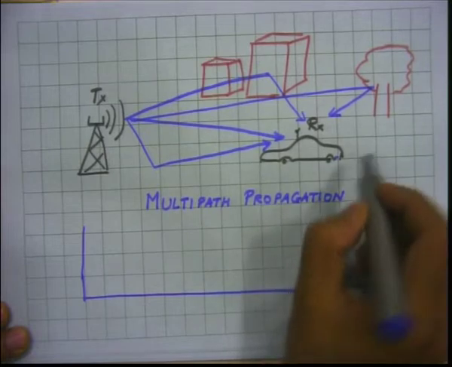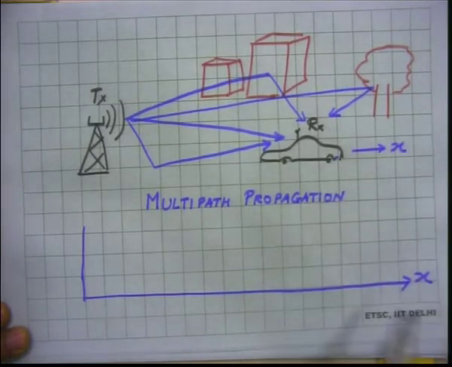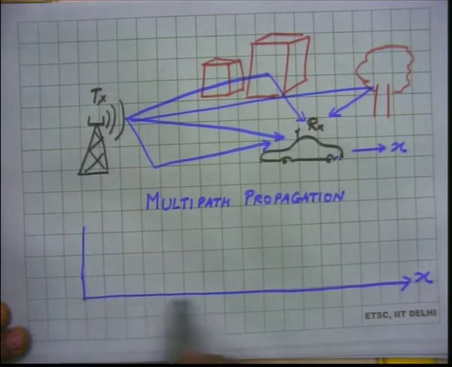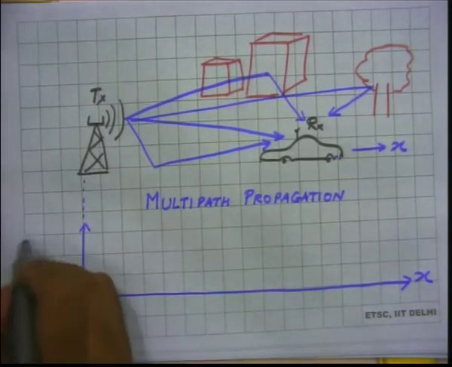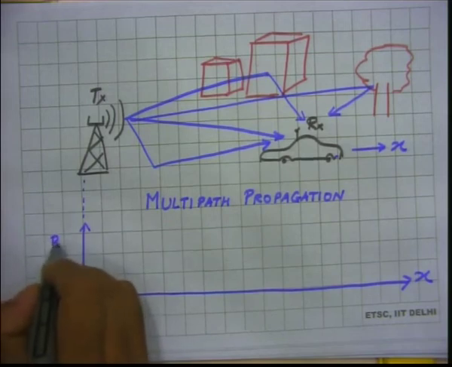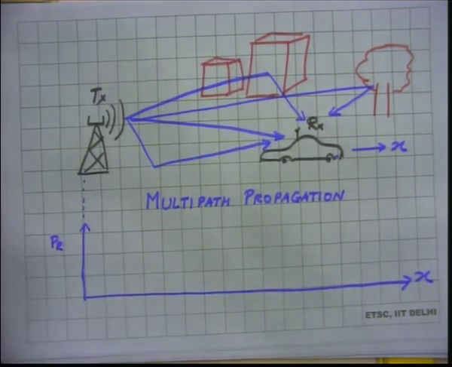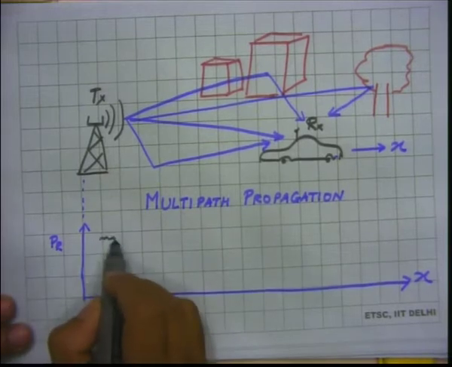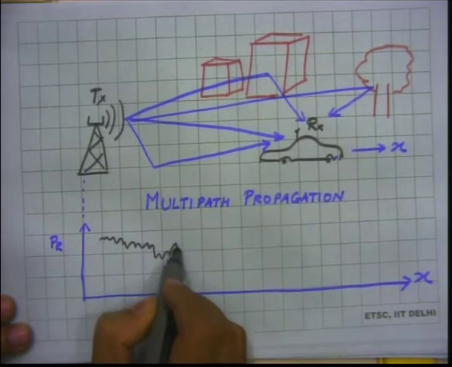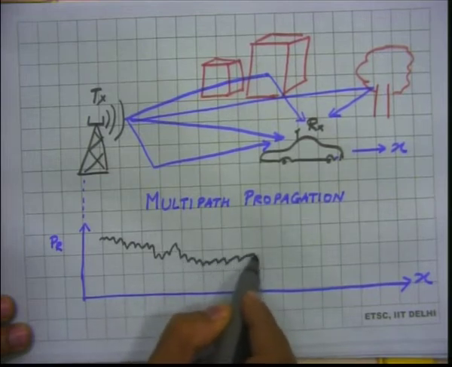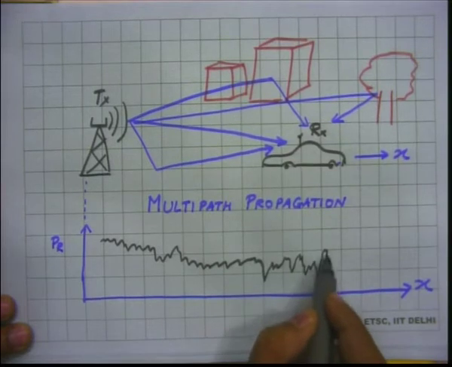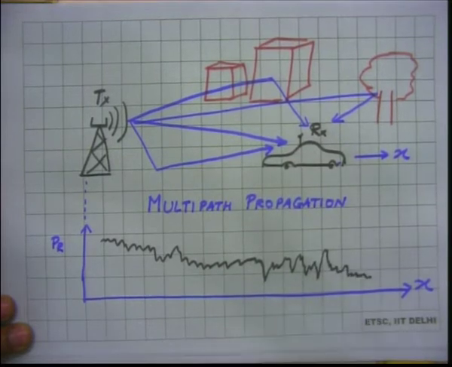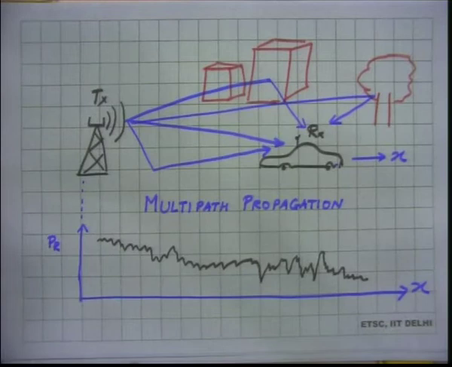So, if you plot on this axis the distance from the transmitter to the receiver, and if you look at the power received and make a plot of the power received, and if you do a logarithmic plot, you will have something like this.